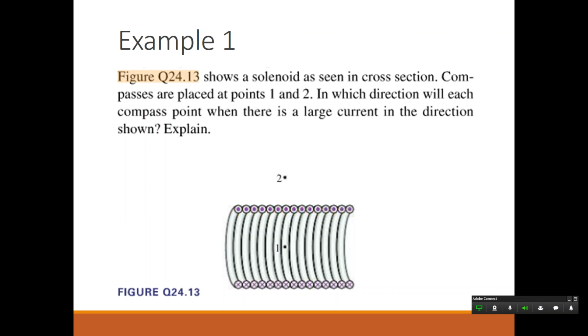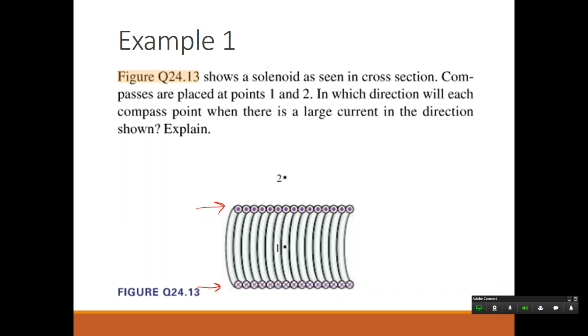Here, what does that symbol mean? Coming out, coming towards you, right? And this one is going away from you. So that means at the top it's going to look like this, and at the bottom it's going to look like this. So therefore, the magnetic field on the inside is going to be how?